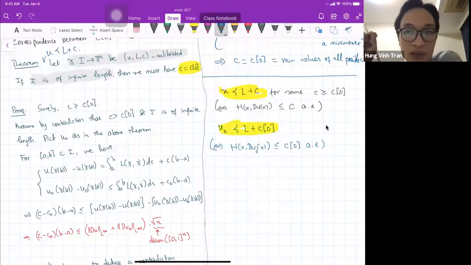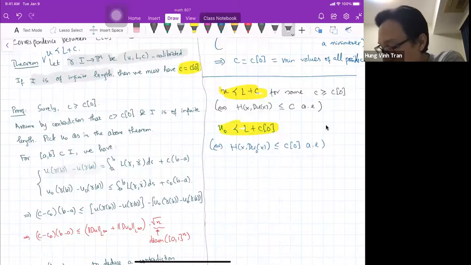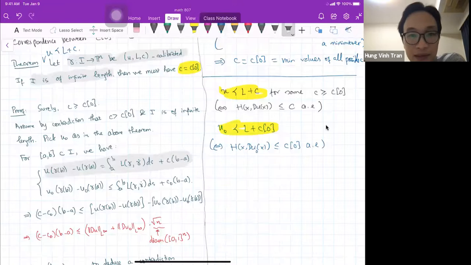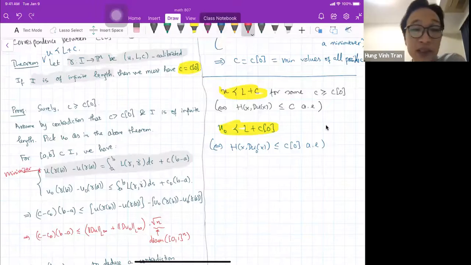The key point that allows us to compare the results is the fact that, on the one hand, I'm highlighting things on the left panel now, because gamma is calibrated, or a minimizer, it satisfies this equality for any a, b, right? On the other hand, gamma is an arbitrary curve for other functions. So the first thing I'm using is that this is a minimizer, or actually just the definition of a calibrated curve.